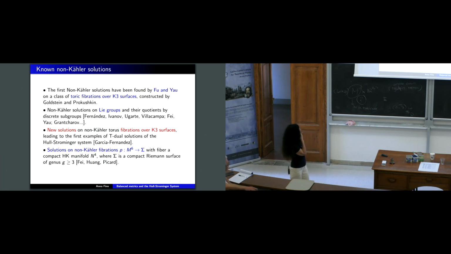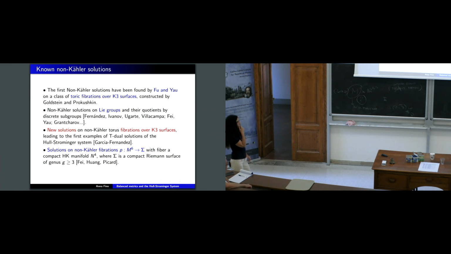And Fei and Yau constructed also what I mentioned at the beginning, complex parallelizable manifolds. But in that case, they use the whole family of Gauduchon connections. So for all connections in the Gauduchon family, they construct solutions. And Ganchev found another way to describe the first example.